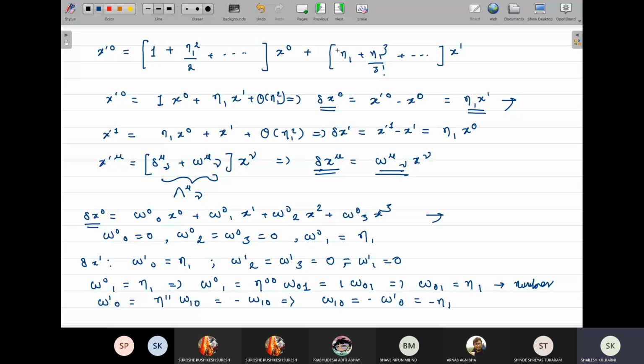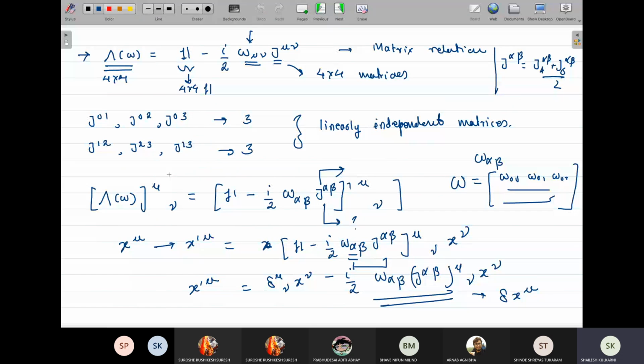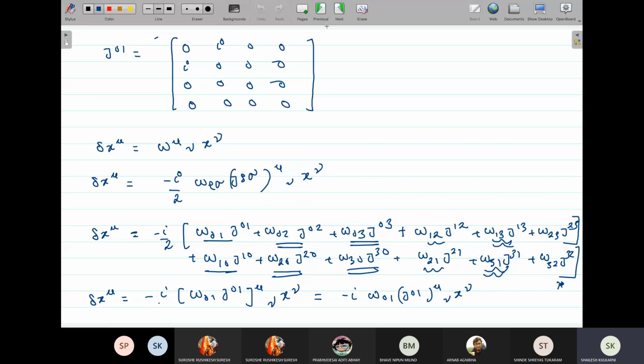Okay, fine. So this Lorentz transformation in the infinitesimal form can be written in this form, where j alpha beta are matrices, and you can get the form of each and every matrix.